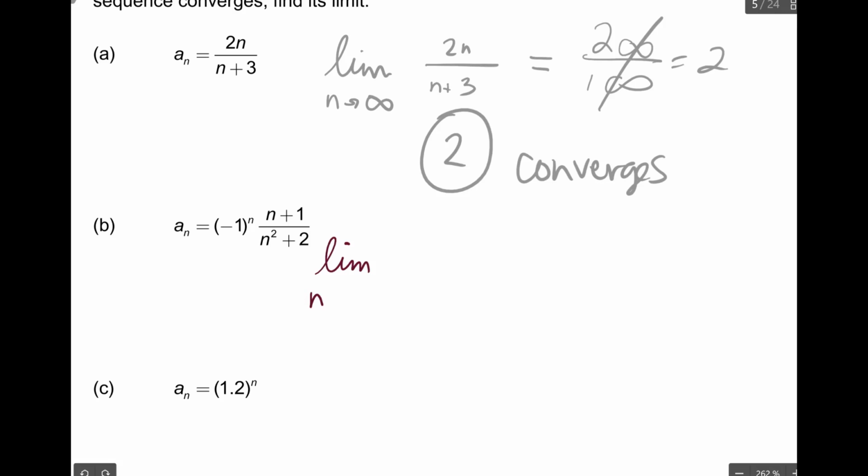Next one, the limit as n approaches infinity of (-1) to the n times n plus 1 over n squared plus 2.